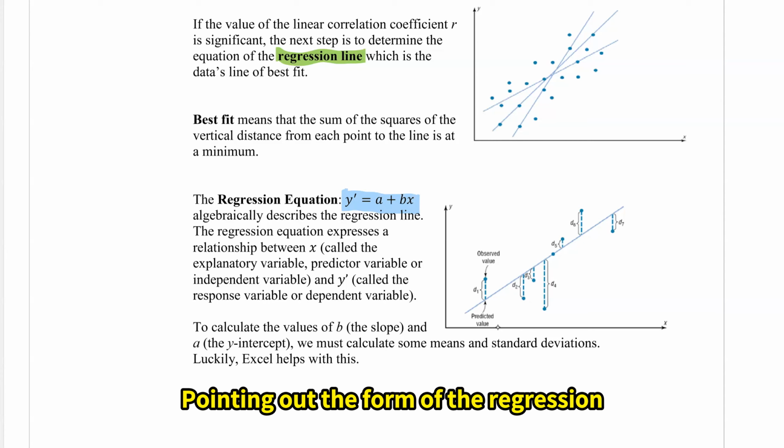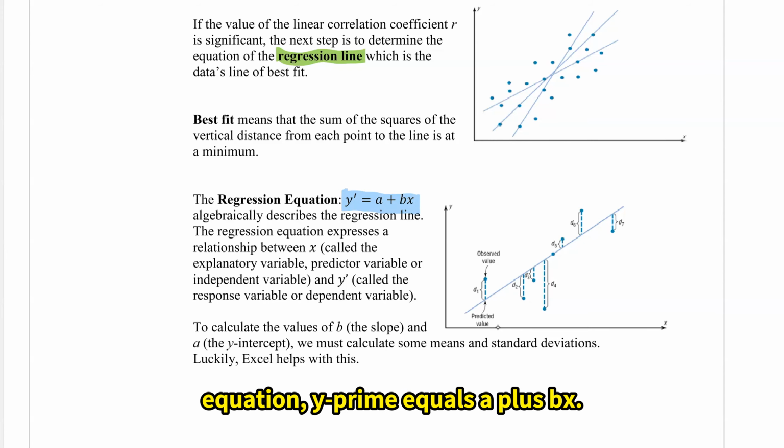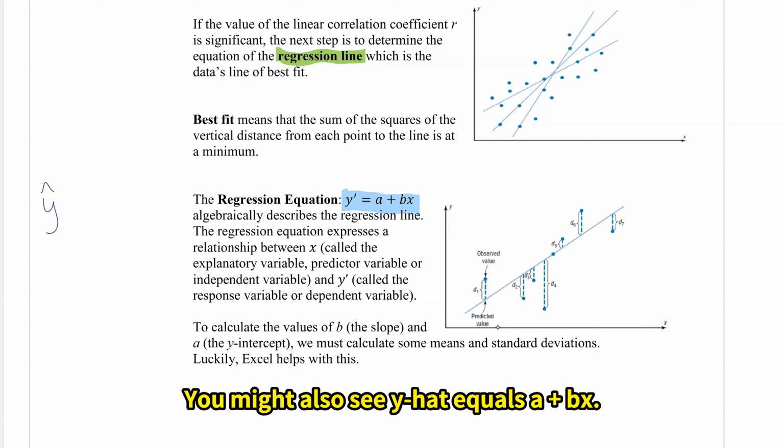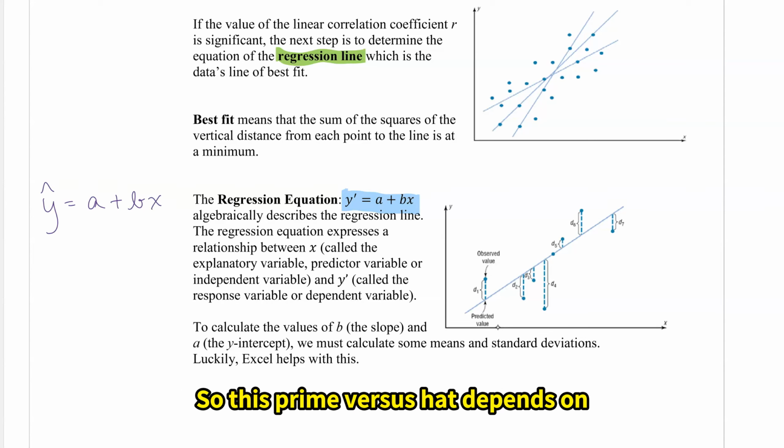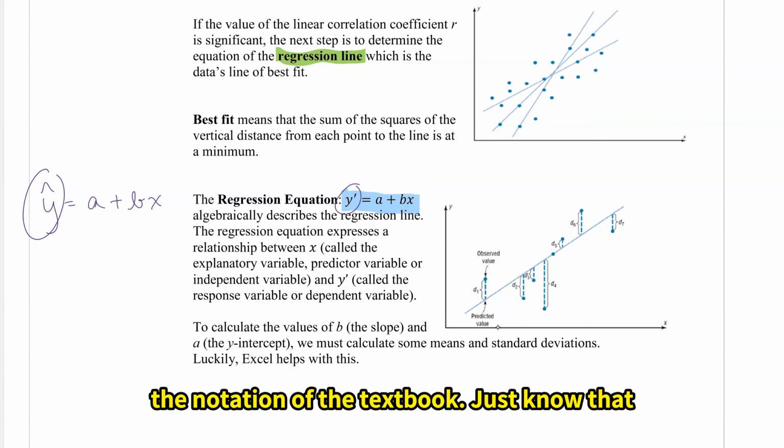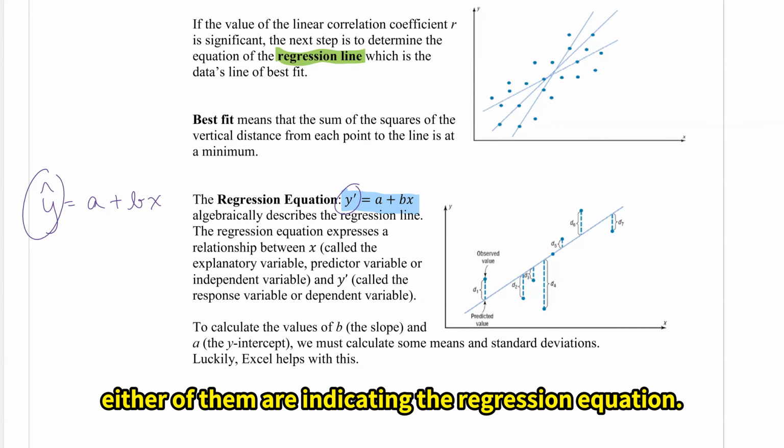Pointing out the form of the regression equation, y prime equals a plus bx. You might also see y hat equals a plus bx. So this prime versus hat depends on the notation of a textbook. Just know that either of them are indicating the regression equation.